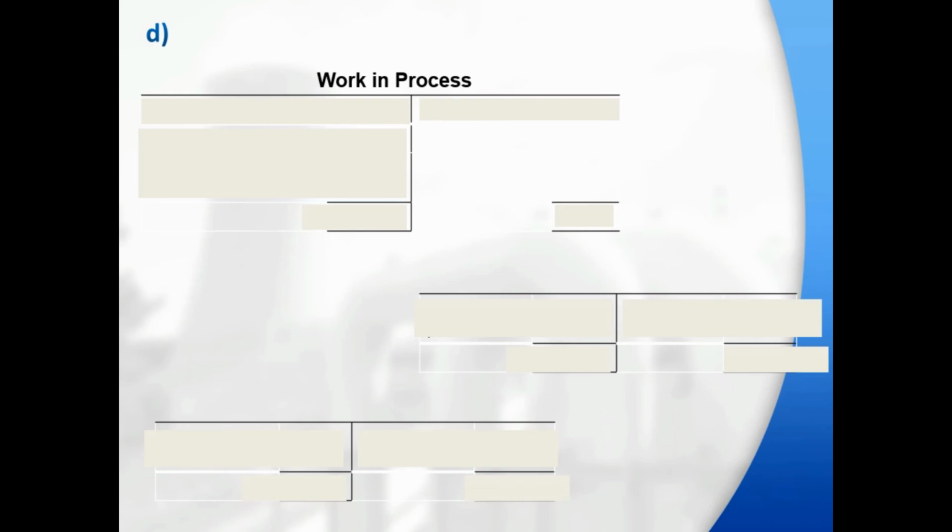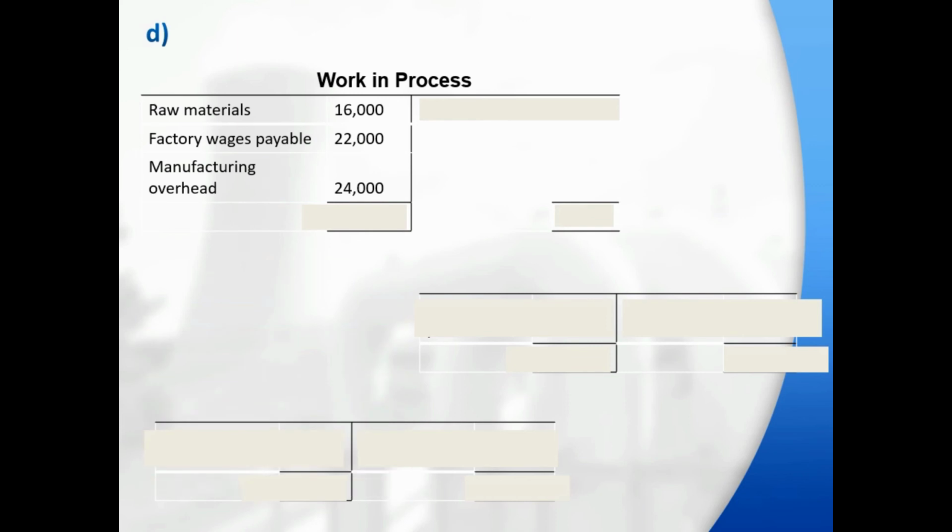So directly post direct material use, direct labor use, and applied overhead into work in process account. Because the job is completed, you have to transfer work in process into finished goods account. Then balance both sides, debit and credit.